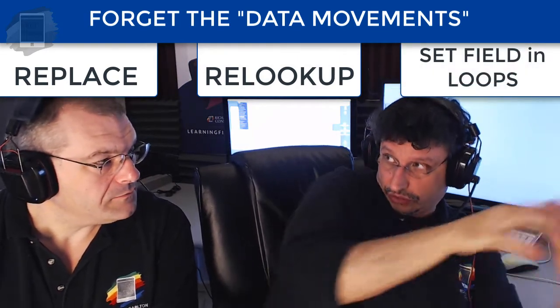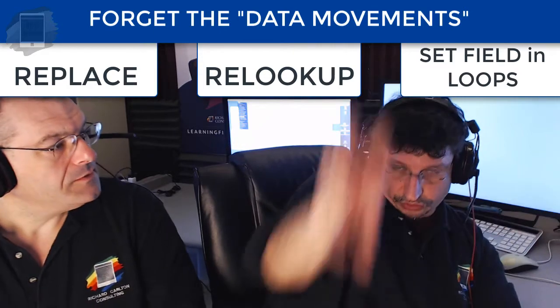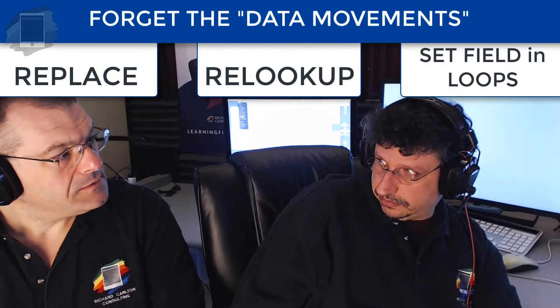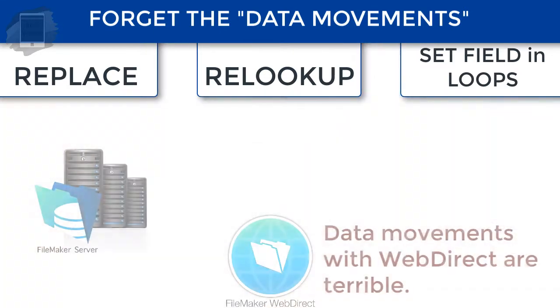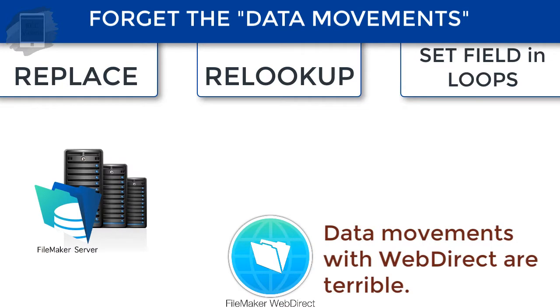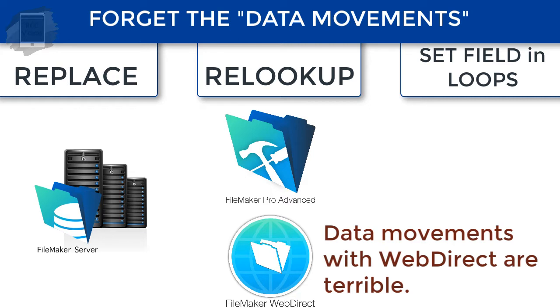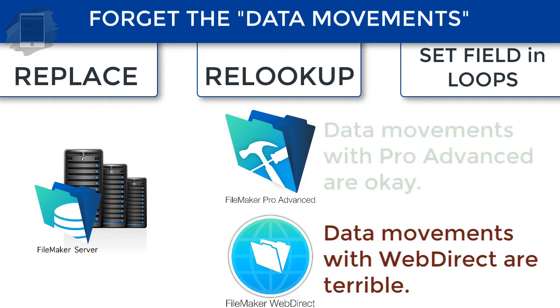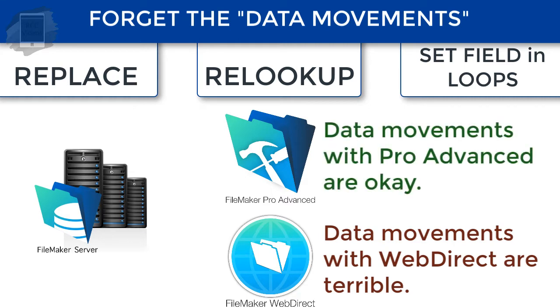When you replace, you take something and forget about it. This is terrible, because on Pro, if you do a replace on 2,000 records on the server, you can go grab a coffee. You have the progress bar going, because the server is doing nothing, the Pro is doing nothing, and it goes a little bit at a time.